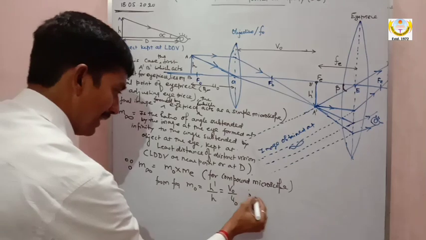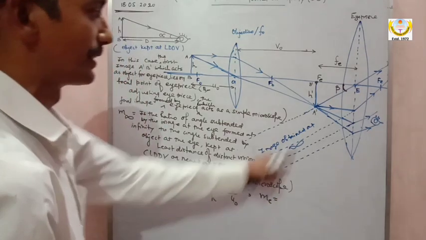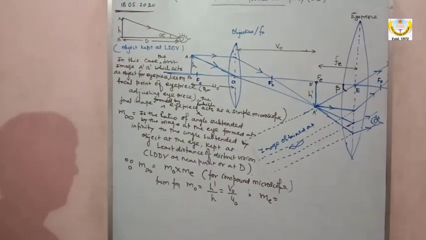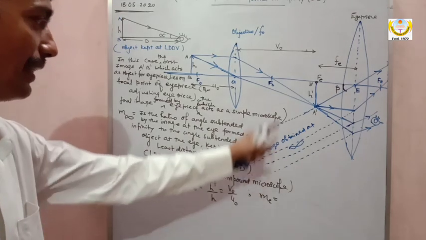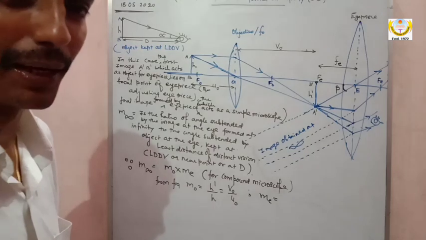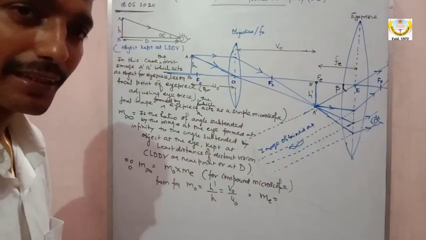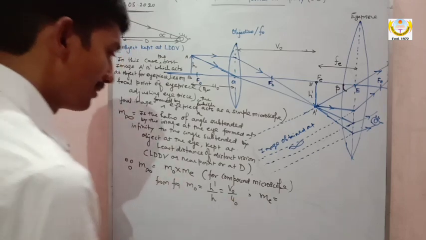And how much is ME? ME is nothing but, my dear, I am sure you can see ME. How much is ME in the figure? How will you calculate ME? The magnification, remember, for microscope, it is D by FE. It is D by FE.